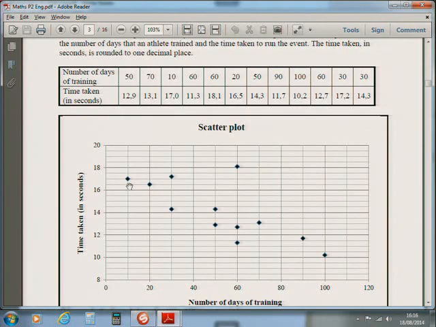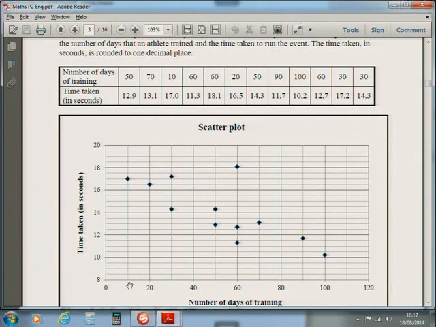But if an athlete trains for 100 days, training seriously, look, the athlete only takes 10.2 seconds. So when the athlete trains for few days, you run for a long time. But if you train for too many days, you take very short to complete your race. I don't know if I said that simply enough for everybody to understand.